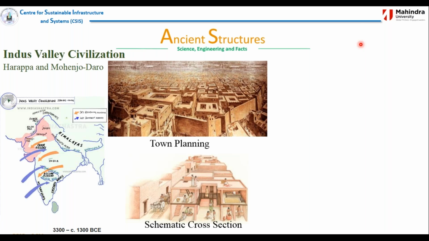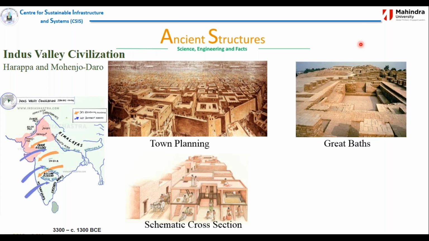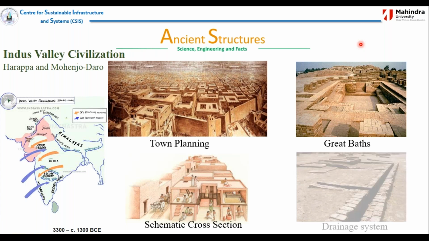And then a schematic cross section of those days shows the house spaces were used for multiple purposes, and the functional utility was also seen 3300 years back. And we have great paths for multiple people, which could accommodate the whole society in those days.